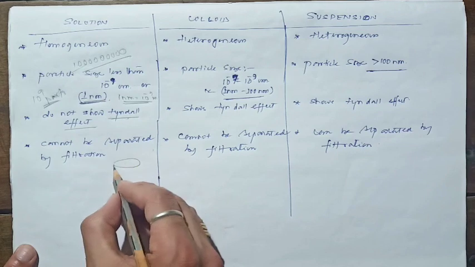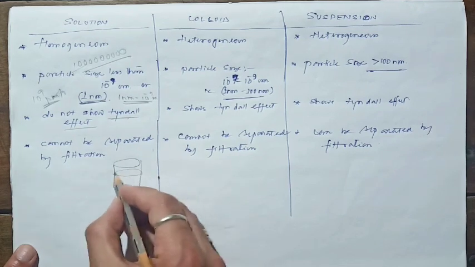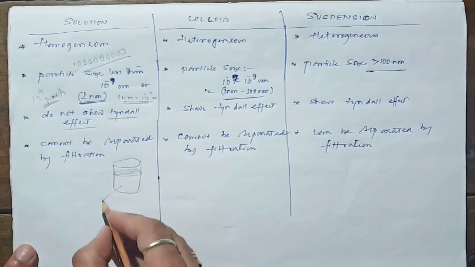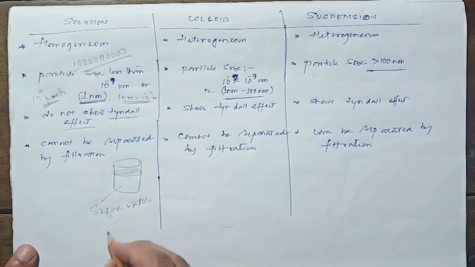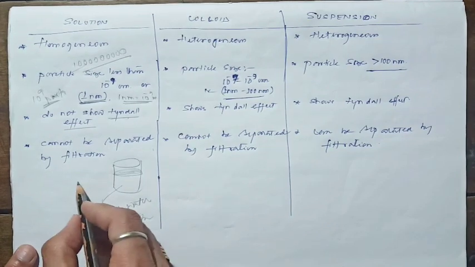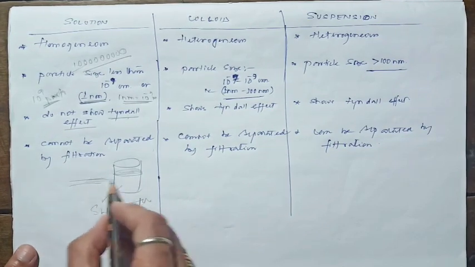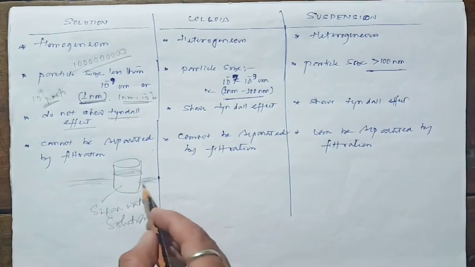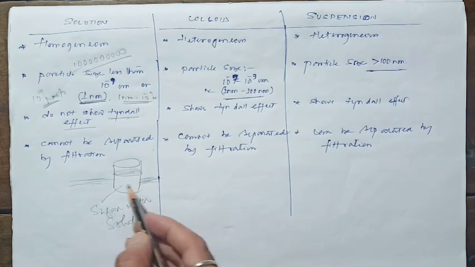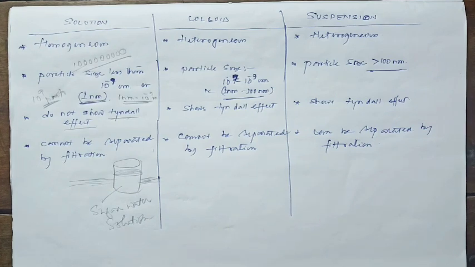Students, suppose you have a solution. Let's say you have a sugar water solution. If I pass light through this sugar water solution, I can see the light passing on the other side, but we cannot see the light inside the solution.